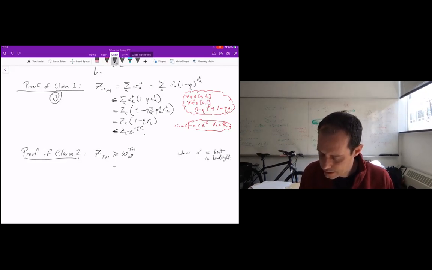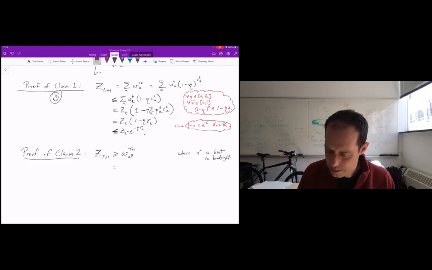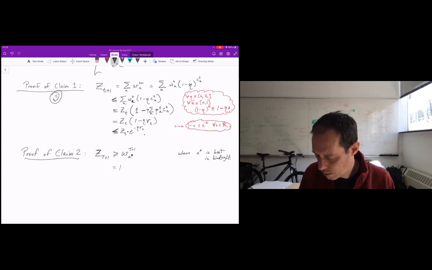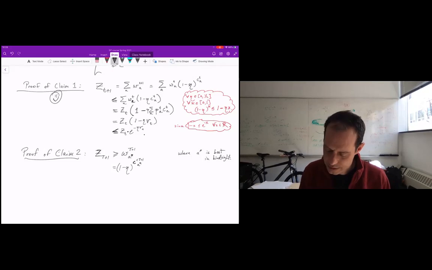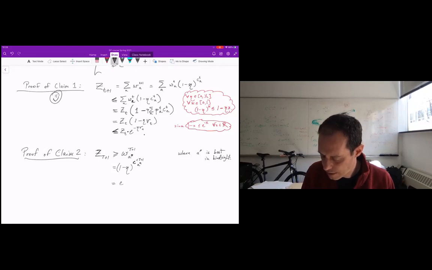And so this is just (1 minus eta) to the total cost of A star, the cost over the entire execution of A star. And then we're just going to bound that in terms of something that's easier to compare to the thing that came out of step 1.